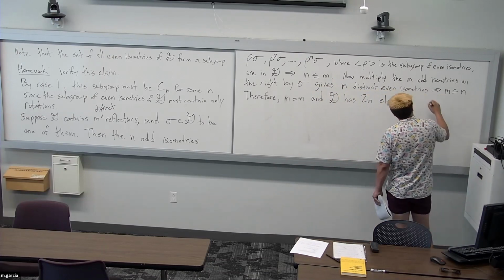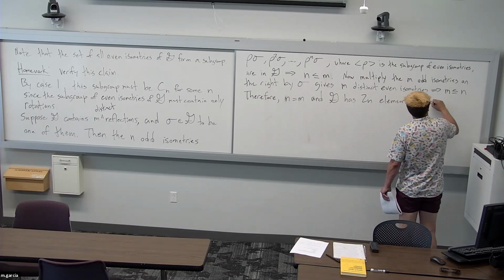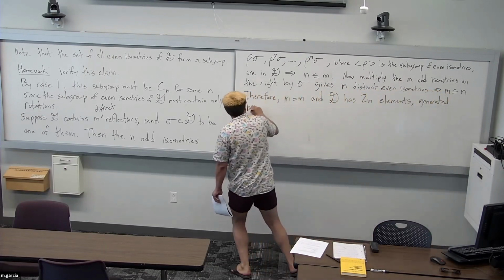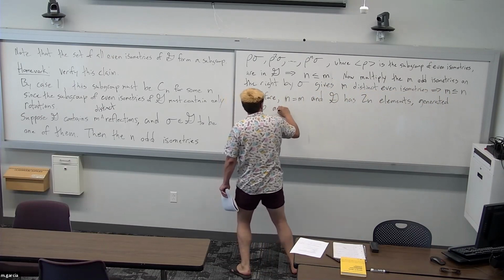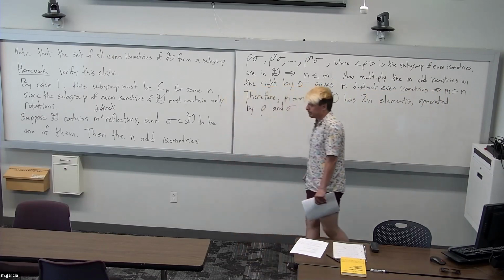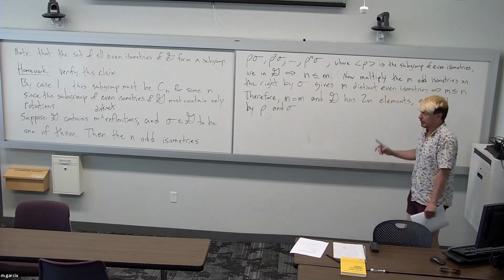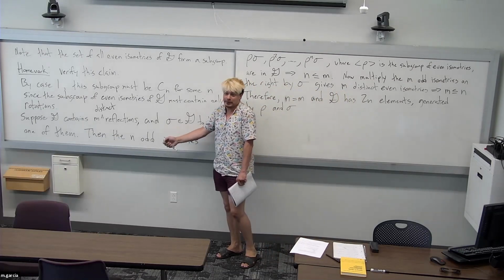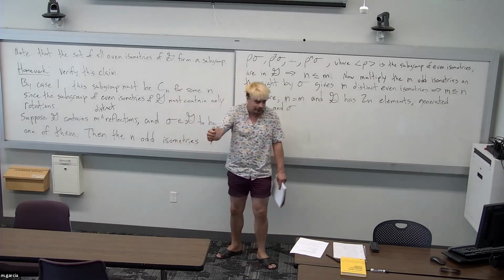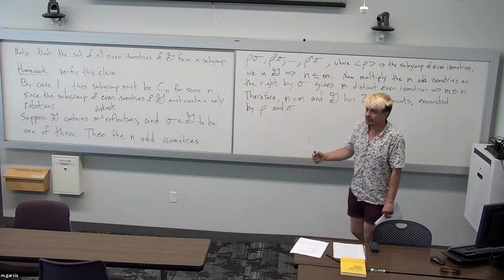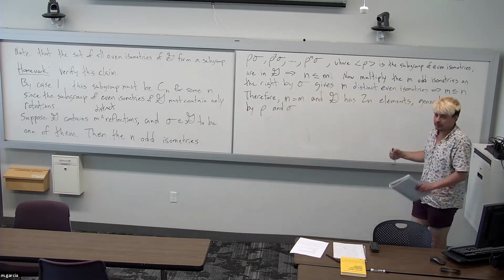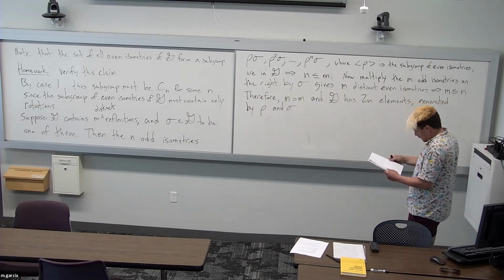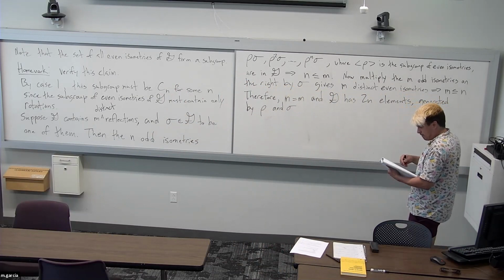And furthermore, they're all generated by rho and sigma. Okay? So that is to say, this is not any special reflection. I just picked an arbitrary reflection. Any reflection can be a generator of G, this finite group, right? Okay? So, right.